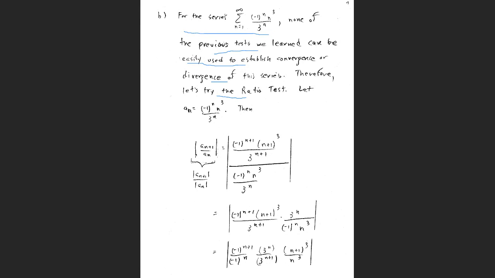So for the ratio test, the nth term is -1 to the nth power times n cubed over 3 to the nth power. This is the first step in the ratio test: looking at the absolute value of the ratio of the n plus first term to the nth term.